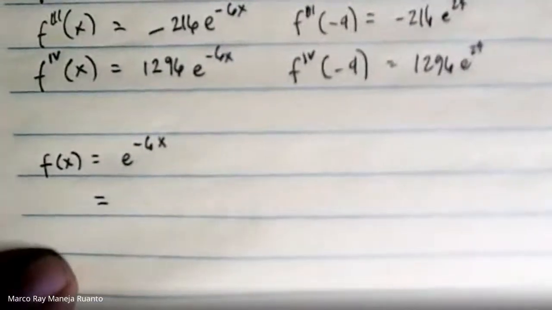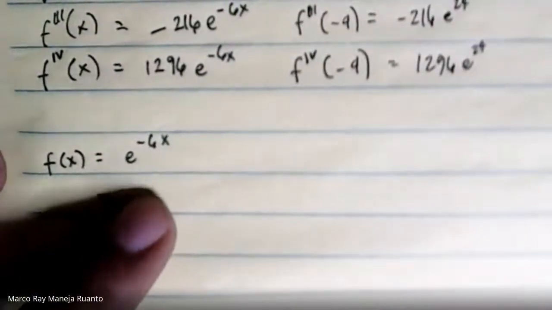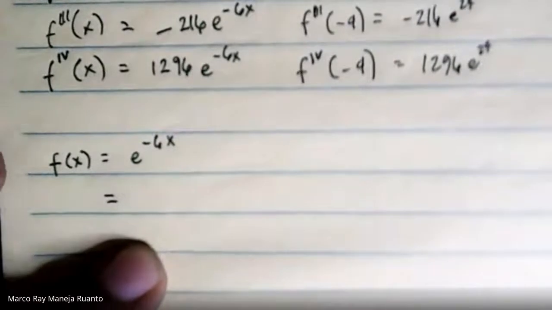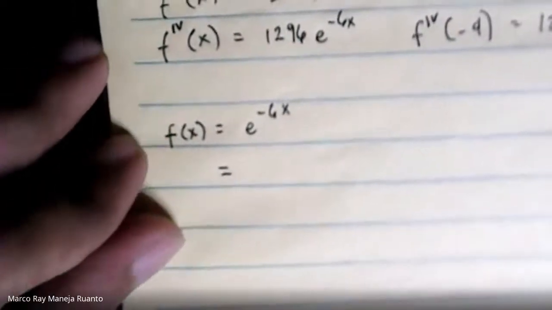So f of x, e to the minus 6x, is just simply equal to, okay, so ato ning formahon using this formula expression formahon, no? So that becomes, what is f of 4? So your f of 4 is equal to e to the positive 24.